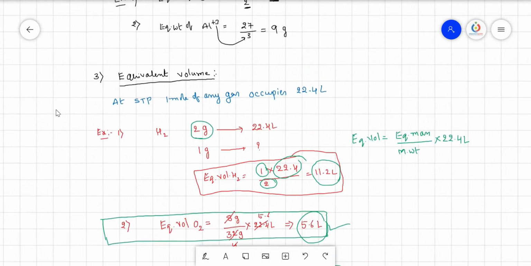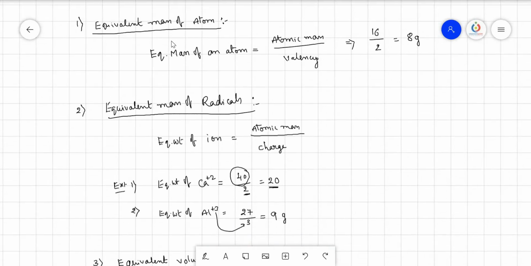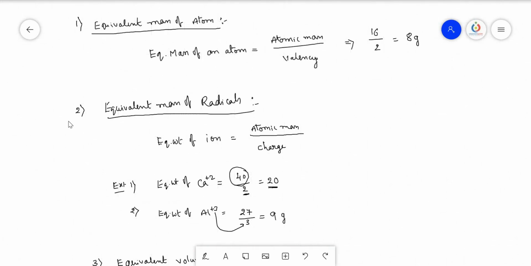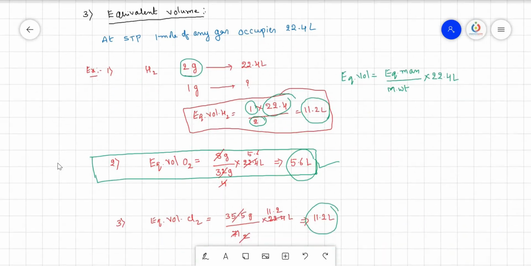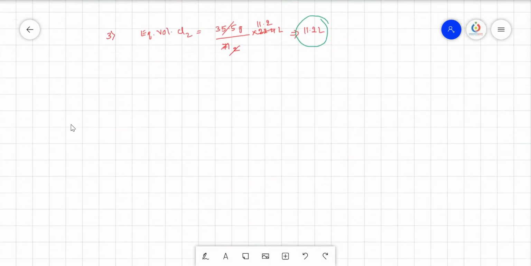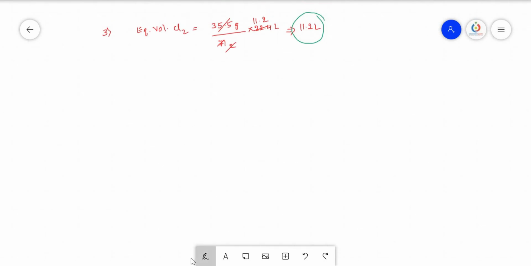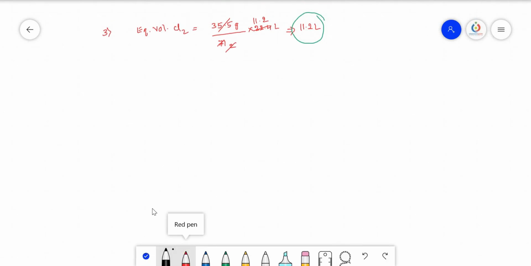So far we discussed the equivalent mass of atoms, the equivalent mass of radicals, and equivalent volume. Now let us try to calculate the equivalent mass of molecules such as acids and bases. So let us take the fourth one, equivalent mass of acid.